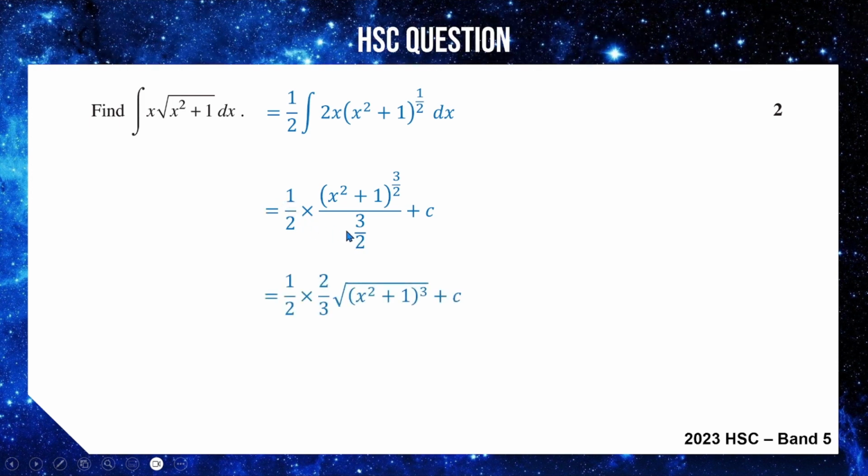And then we end up with, on the top, a power of 3 over 2 again. So once again, that's the square root cubed, which I've got here, plus c, and the 2s cancel out, and we end up with just 1/3 out the front of the square root cubed because of the power of 3/2. So yeah, pretty tough. If you're getting these correct and you're understanding what's happening here, you could be a Band 5 student and heading towards a really great result in your HSC.